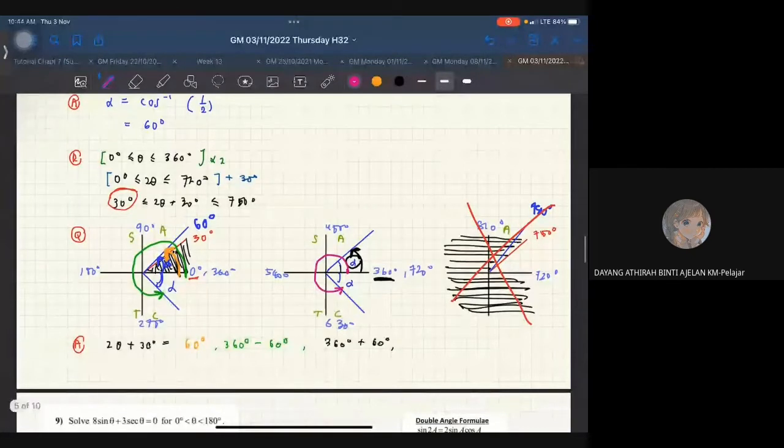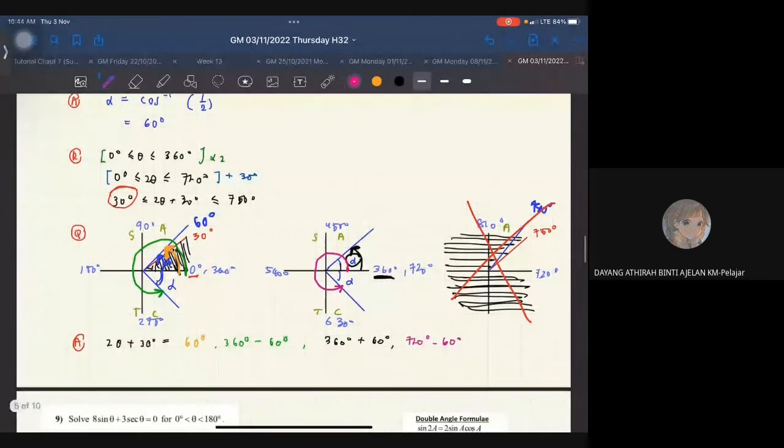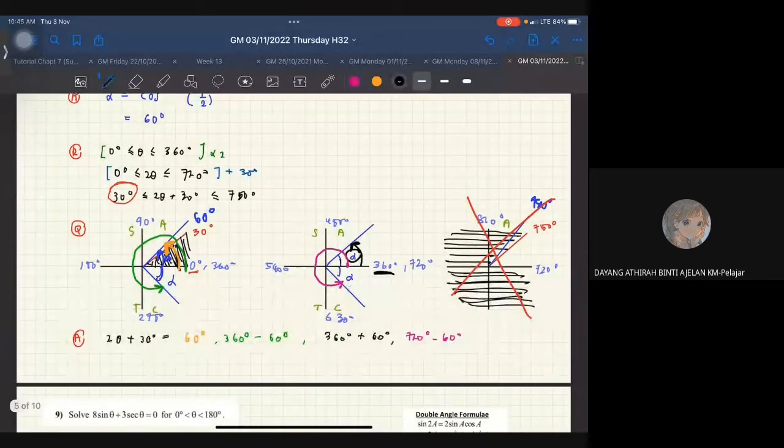Okay, so kalau ikutkan one whole rotation is 720. So kita buang bahagian alpha. So 720 minus alpha is 60 degree untuk dapatkan jawapan. Okay, so saya simplifykan dulu this one. So the first value is 60 degree. Second value is 300 degree. Third value is 420. And lastly it's 660.